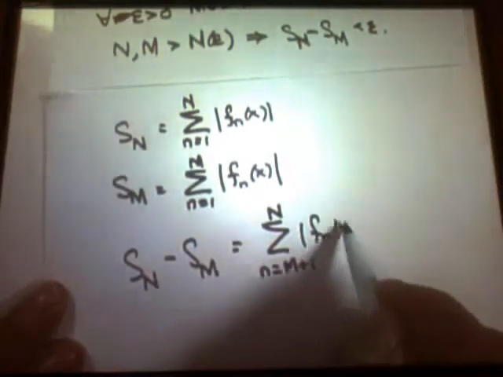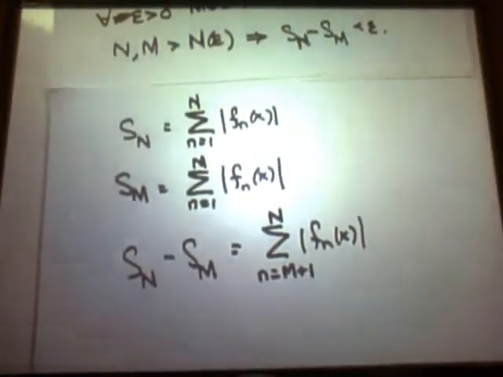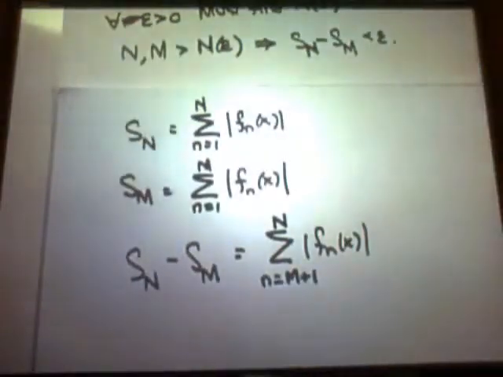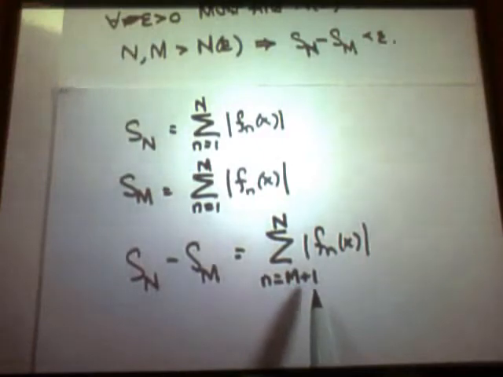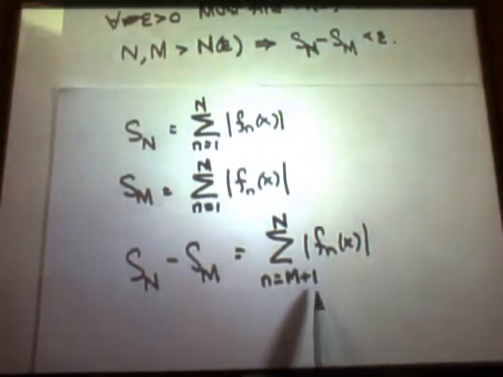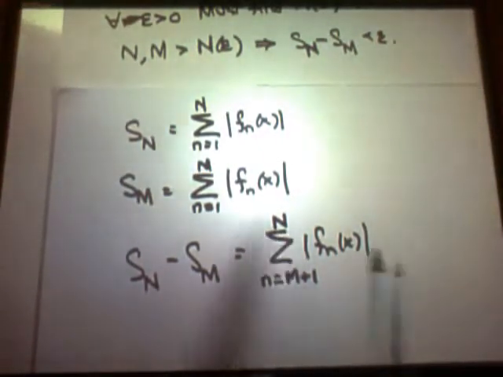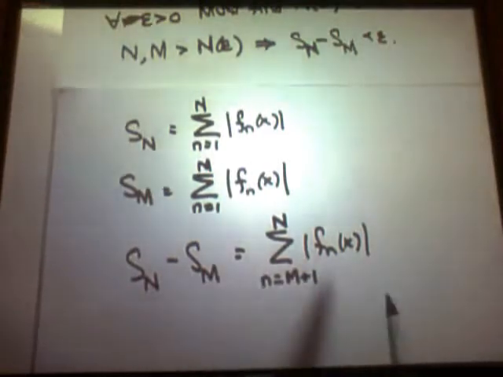Of this. N is on beyond M. So the difference of these two takes away the first M terms. So they're gone. So the first surviving term has index M plus 1, and we run out to N. So that's what this is now.